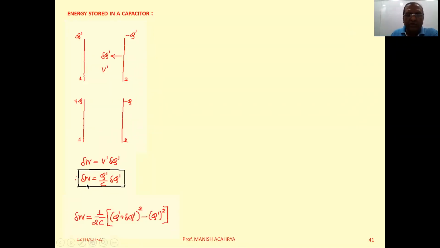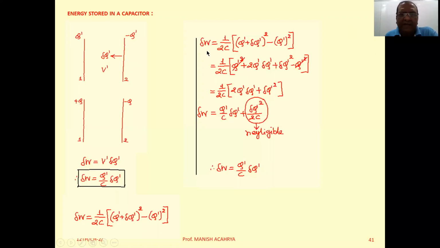Now this particular work done delta W, equal to q dash by C into delta q dash, is given by the equation delta W equal to 1 upon 2C into (q dash plus delta q dash) whole square minus q dash square.